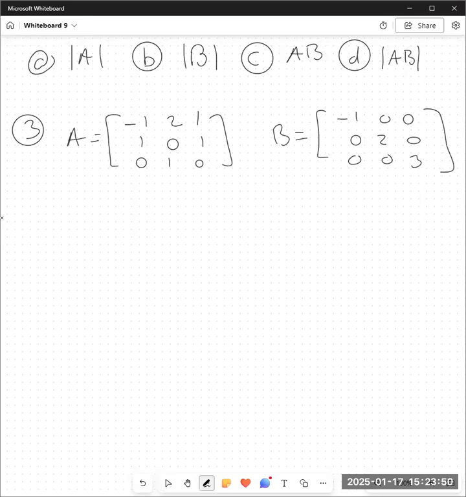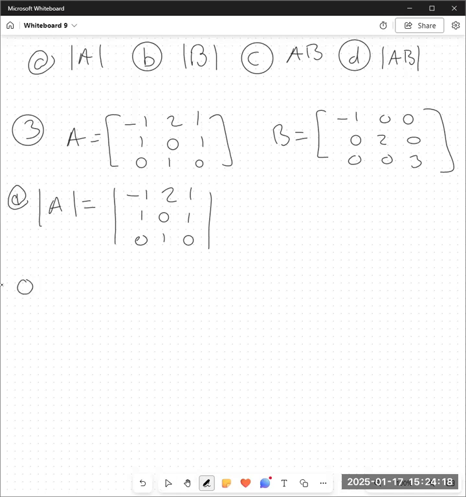So for part A, the determinant of A is going to be the determinant of -1, 2, 1, 1, 0, 1, 0, 1, 0. I like row 3 the best down there because it has the most zeros.